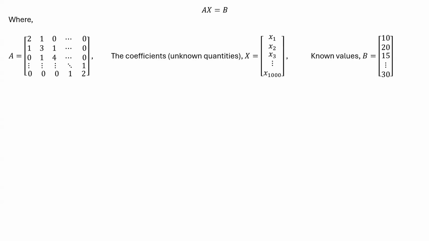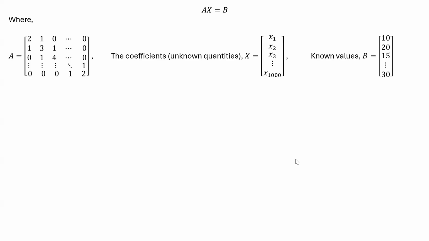Let's say from the bridge example, you already know some values, so those values will go into this B section. That is how we solve these big equations, and then we find a result from it.